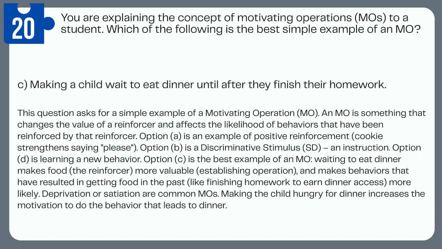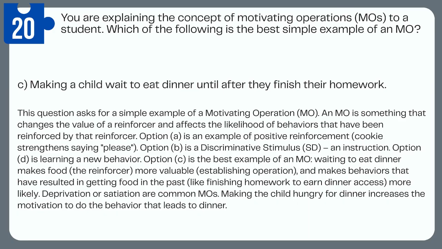This question asks for a simple example of a motivating operation, MO. An MO is something that changes the value of a reinforcer and affects the likelihood of behaviors that have been reinforced by that reinforcer. Option A is an example of positive reinforcement. Cookie strengthens saying please. Option B is a discriminative stimulus, SD, an instruction. Option D is learning a new behavior.